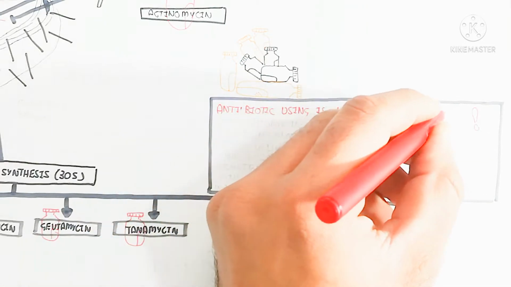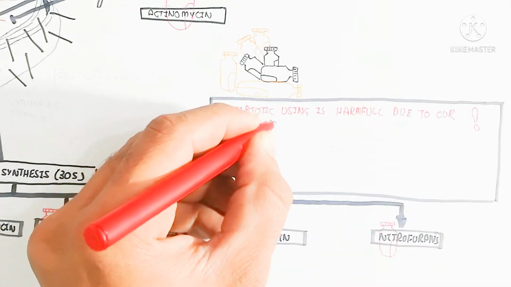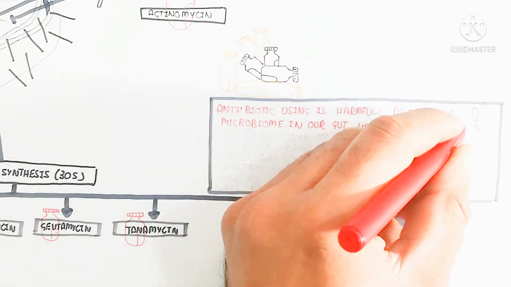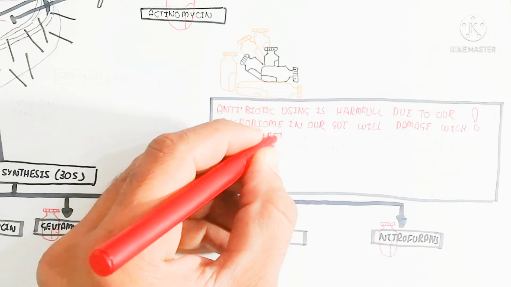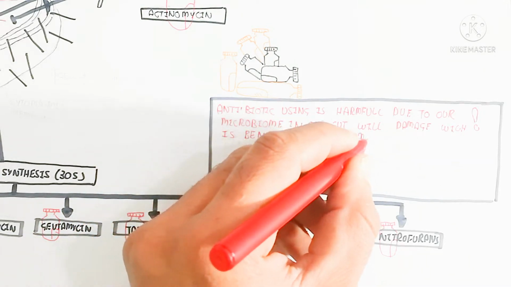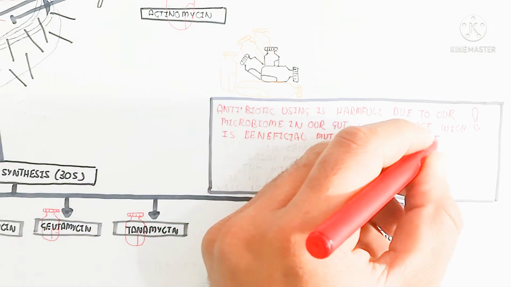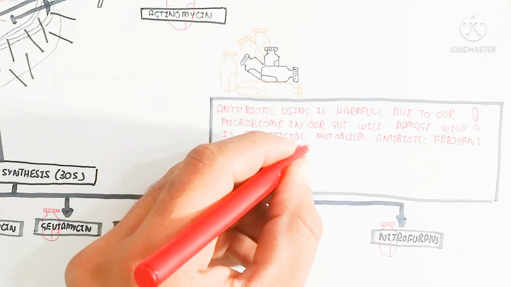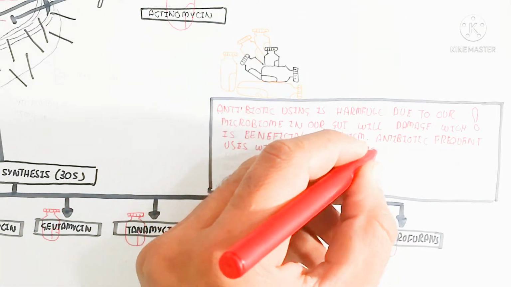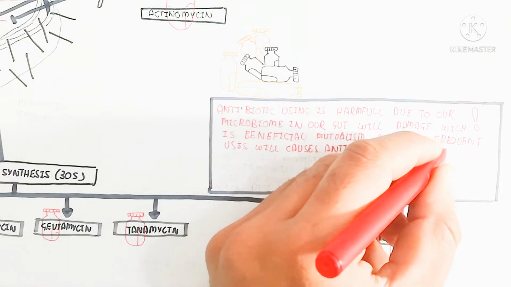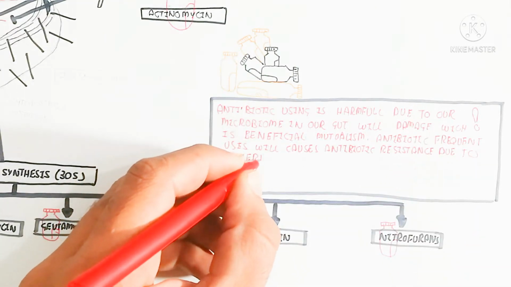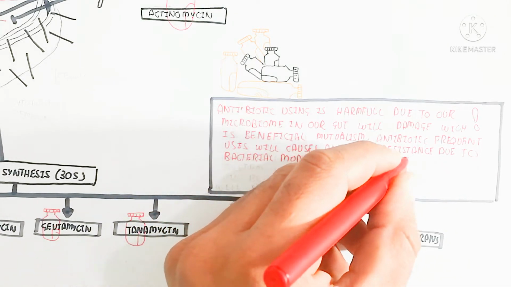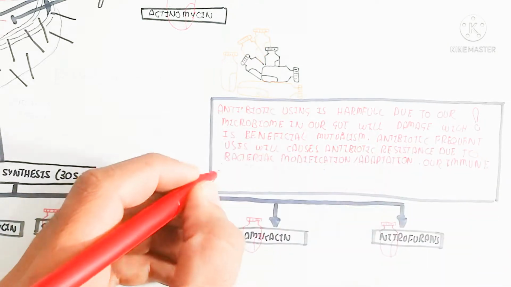Antibiotic use is harmful because the microbiome in our gut, which is beneficial mutualism and produces short chain fatty acids as well as vitamin K, will be damaged. Frequent antibiotic use will also cause antibiotic resistance due to bacterial modification and adaptation. Our immune system will not work well, so the immune response will decrease and disease chances will rise.